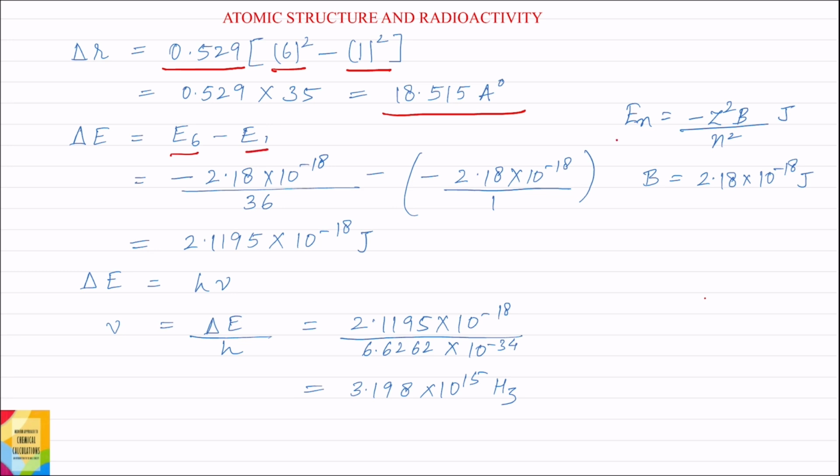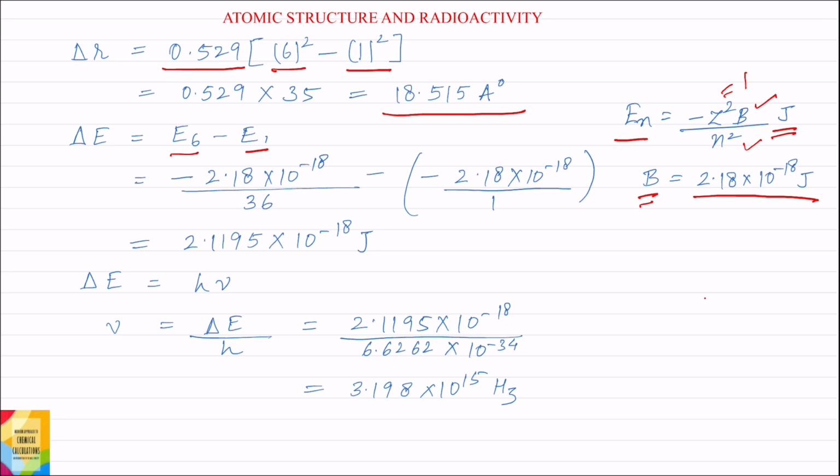Now the energy of an electron in any nth orbit can be written as minus Z square B divided by n square, and this is the energy in joules. Now B is a constant and its value is 2.18 into 10 to the power minus 18 joules. Z will be 1 because this is a hydrogen atom, and the value of n depends on which orbit the electron is in. So for the sixth orbit the value of n will be 6 and for the first orbit the value of n will be 1.